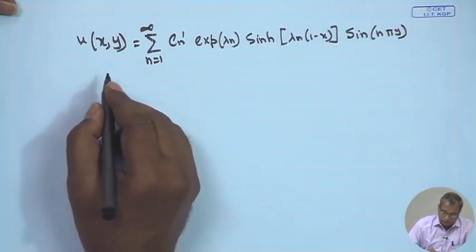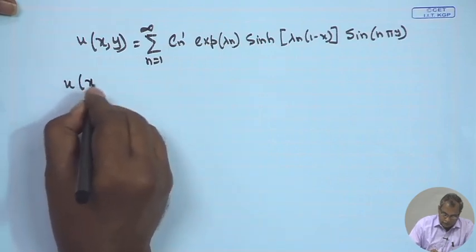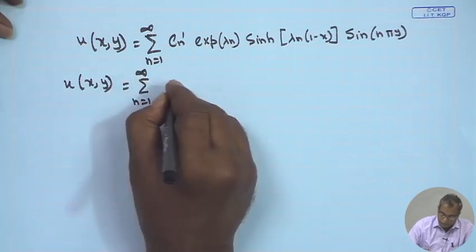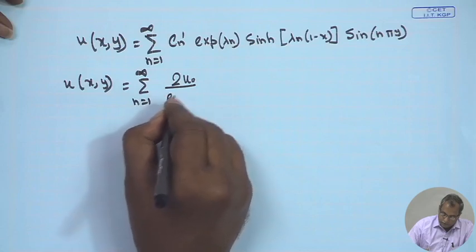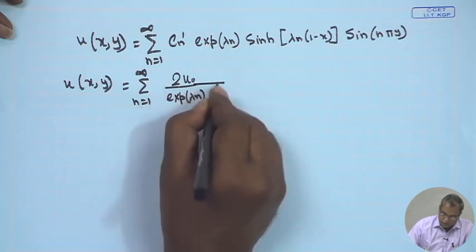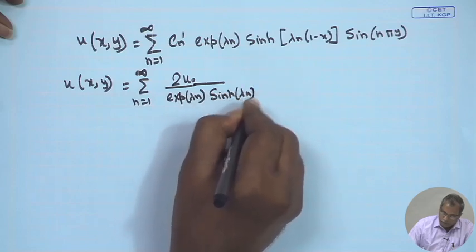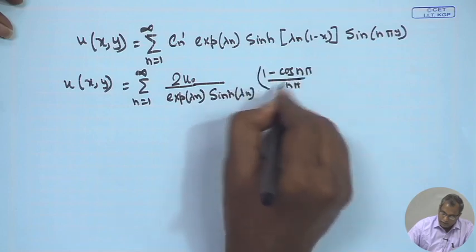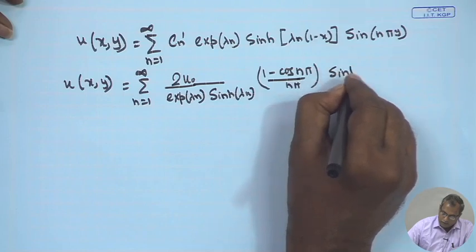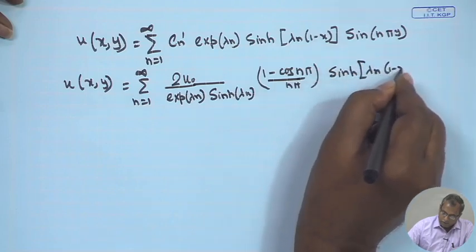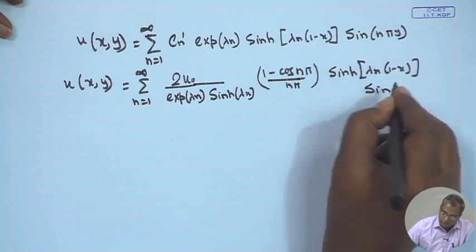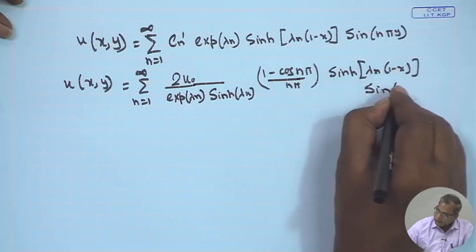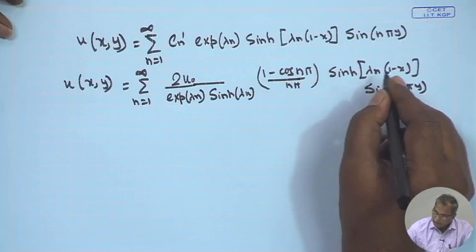So, now I am going to substitute the expression of C n prime, which is 2 u naught (1 minus cosine n pi) over n pi, divided by exponential lambda n sine hyperbolic lambda n, multiplied by sine hyperbolic lambda n (1 minus x) sine n pi y multiplied by exponential lambda n.